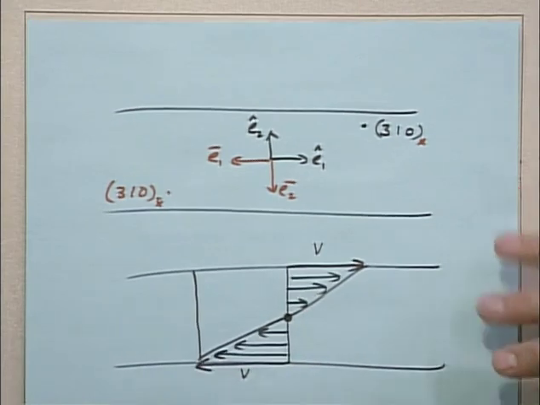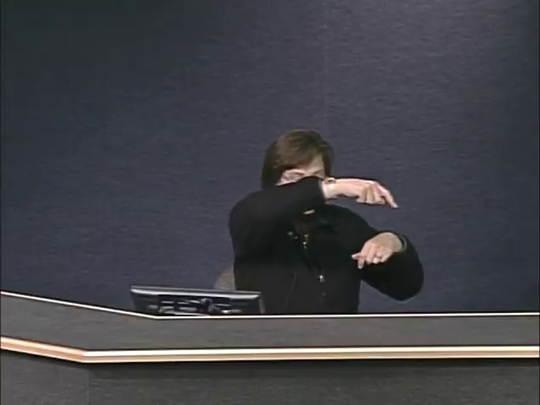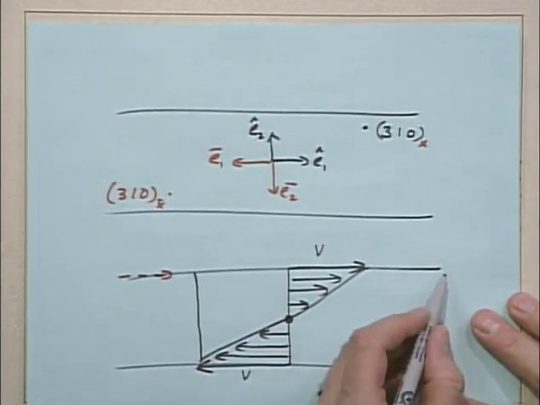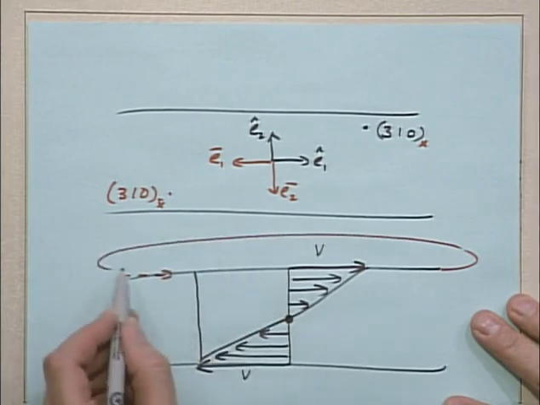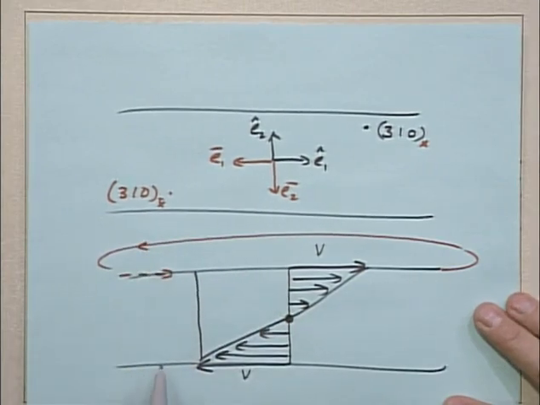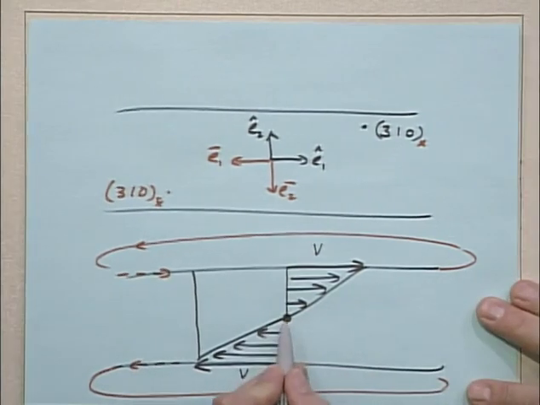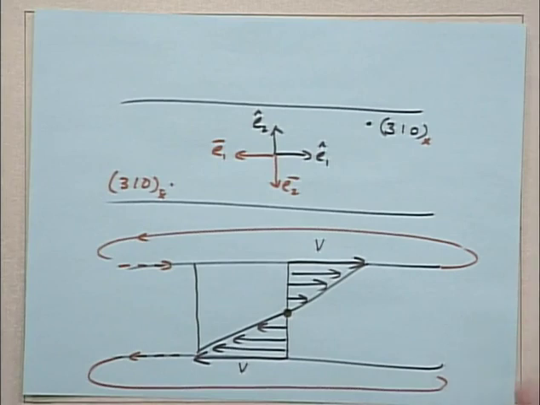I can produce this in a device by having walls that are on some sort of a big belt moving around. And the belt on the top is moving to the right and then circling around. And the belt on the bottom is moving to the left and then circling around. And I've produced a stationary shear flow. This point in the middle is stationary.